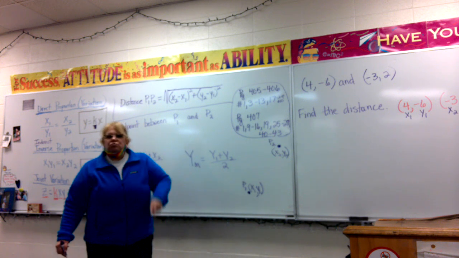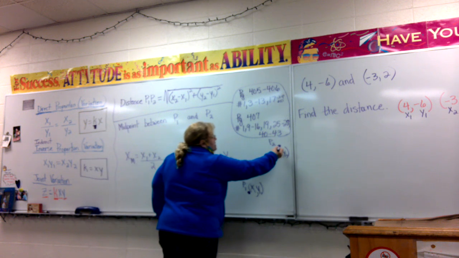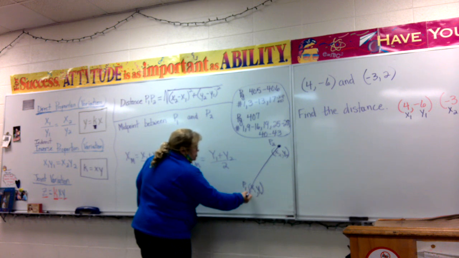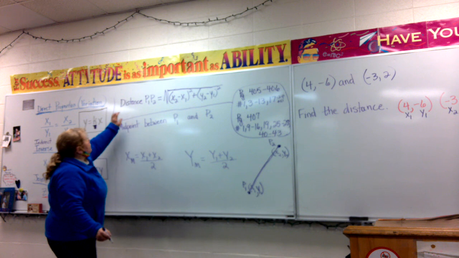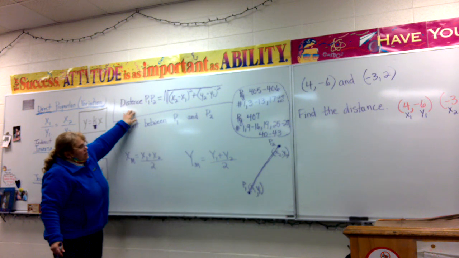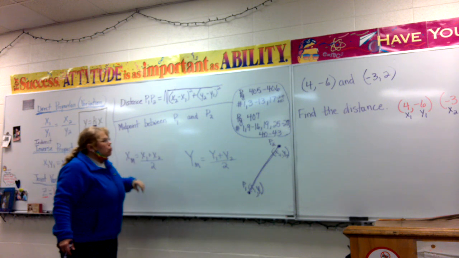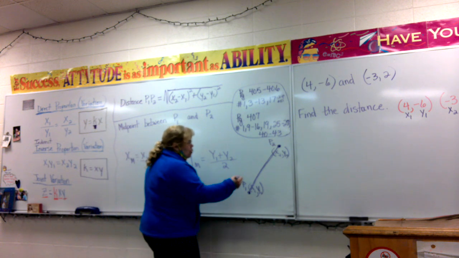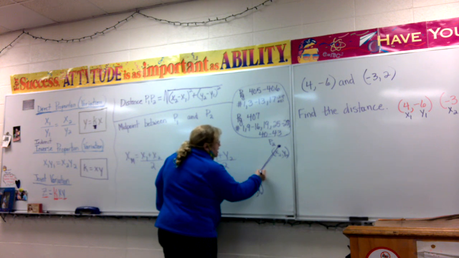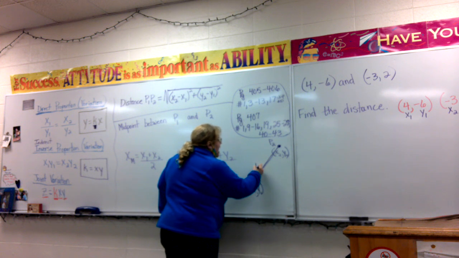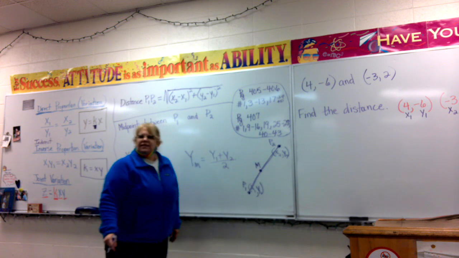Today we're going to do 2 things. We're going to find the distance between those 2 points using the distance formula up here, which I'm pretty sure you've seen before. And then we're going to find the midpoint. Remember, the midpoint here is the point halfway between those 2.